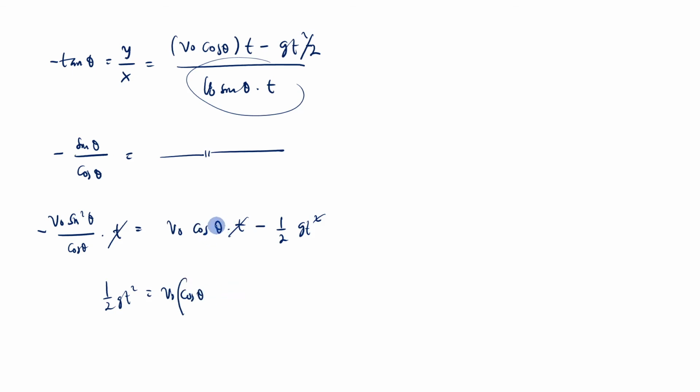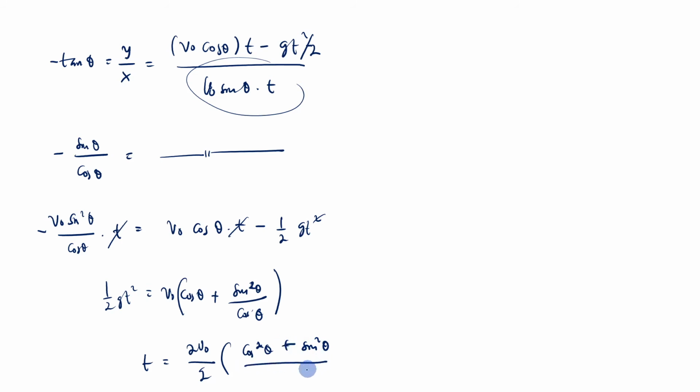So we can combine this term, and we get V0 in the bracket, cos theta plus sine theta squared divided by cos theta, like this. So t equals 2 V0 divided by g times cos squared theta plus sine squared theta divided by cos theta.